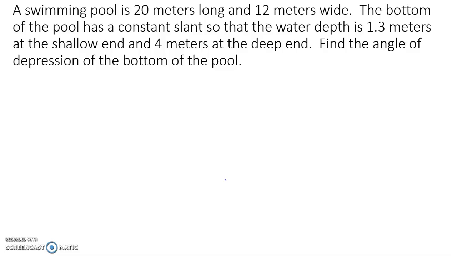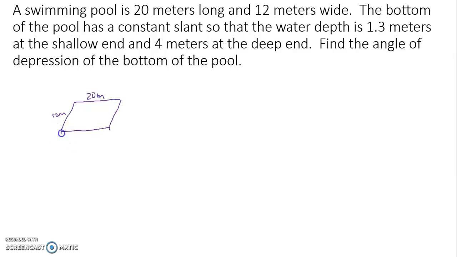I have a pool. Let's just draw my pool like this. It is 20 meters long and 12 meters wide. The shallow end to the deep end, rather, has a constant slant.